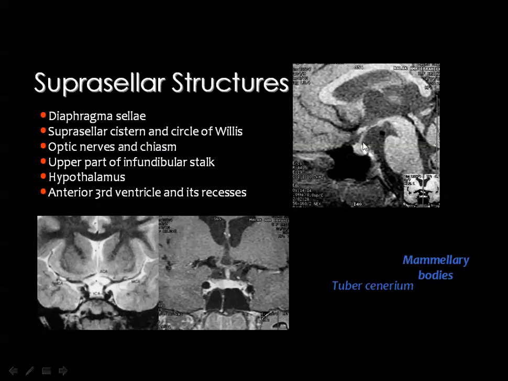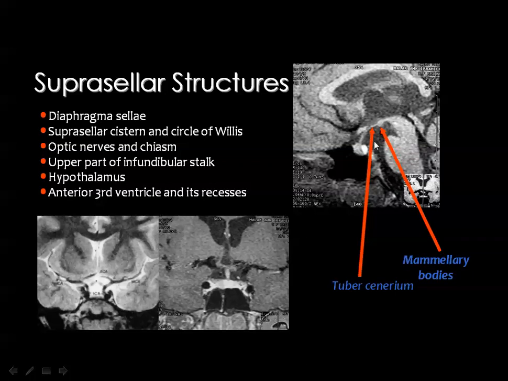Then you know that this is the infundibular stalk, and the infundibular stalk is continuing to this prominent structure which is known as the mammillary body. The distance between the mammillary body and the infundibular stalk, this area, is known as the tuber cinereum.